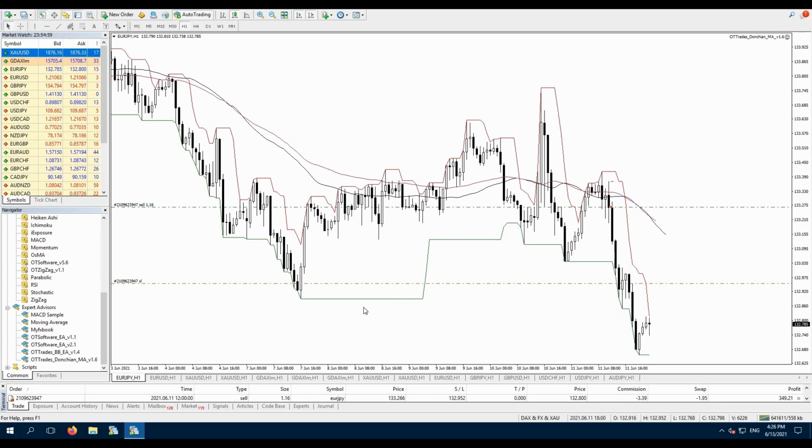Obviously if it was a buy position, we'd be trading it based on this green line, which is slightly different, which is the low of the previous 37 candles, whereas this is the high of the previous 5 candles. So DCH5, DCH37.